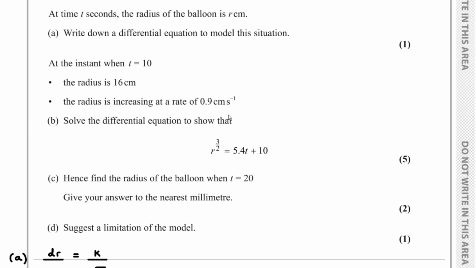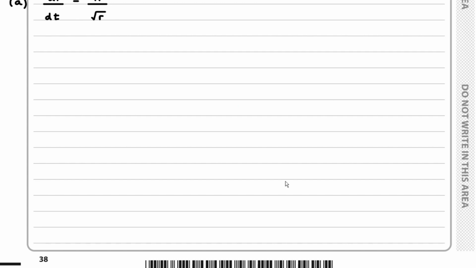At the instant when t equals 10, the radius is 16 centimeters. The radius is increasing at a rate of 0.9 centimeters per second. Part B. Solve the differential equation to show that r to the 3 over 2 equals 5.4t plus 10. So, we know that dr over dt equals 0.9.